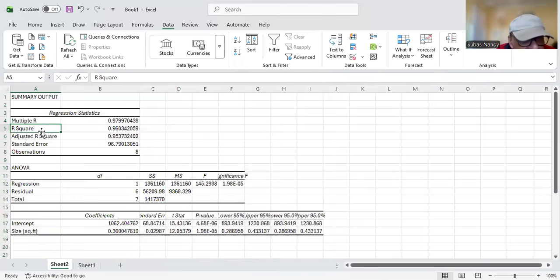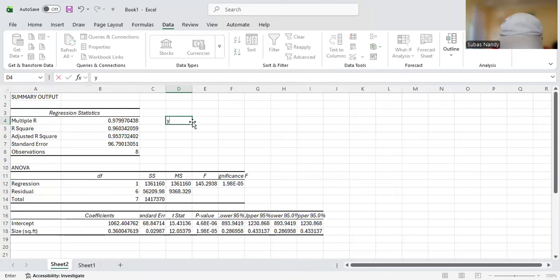So what you are interested in is first the equation of the line. So if you look at the regression output and if you look at this last table, intercept is the first value. So the equation is becoming y is equal to, your intercept is 1062. I'm just copying the value, 1062.405.